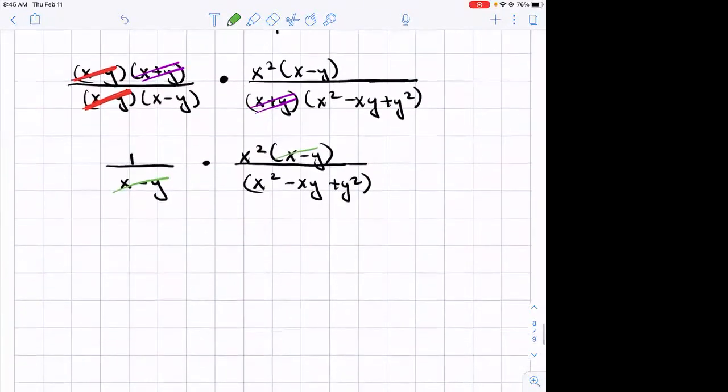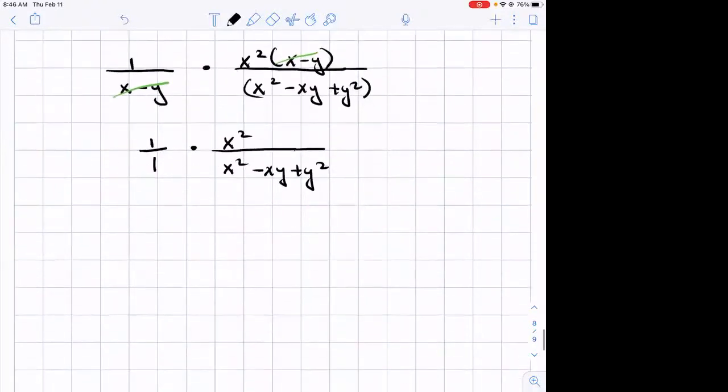And I think that's all the cancellation we have. So we have 1 over 1 times x squared over x squared minus xy plus y squared. And once again, do not cancel this with this because it's not a product in the denominator, it's a difference. So the final answer is x squared over x squared minus xy plus y squared.